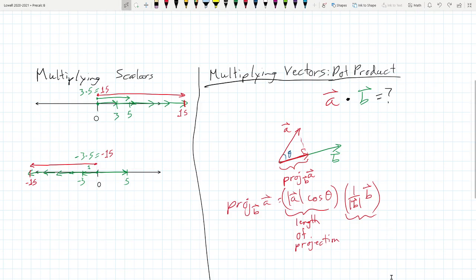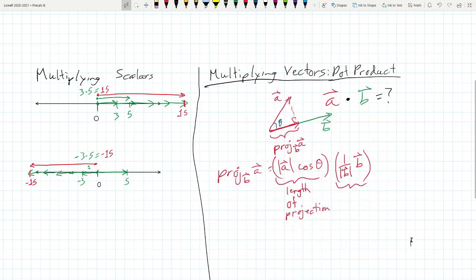let me drag this up a little bit, excuse me. A dot B really is the product of the magnitude of B, just like the magnitude of this vector right here was a little 3, and the magnitude of the vector A in B's direction.